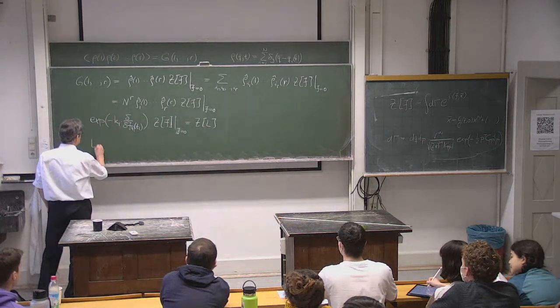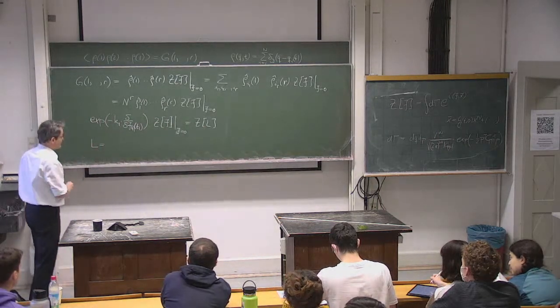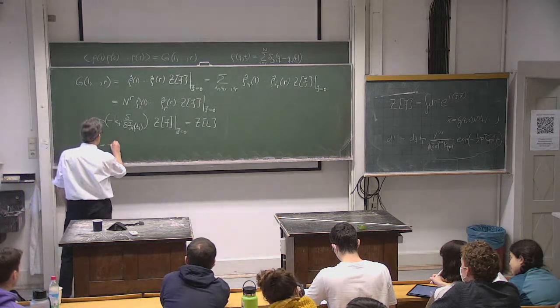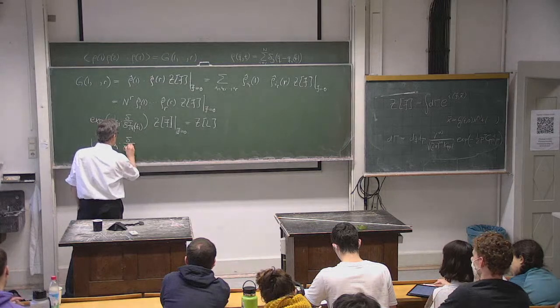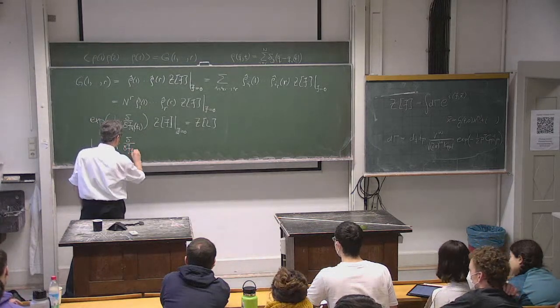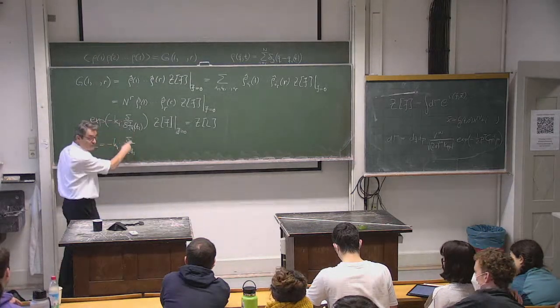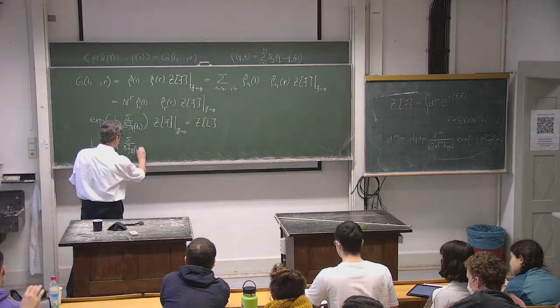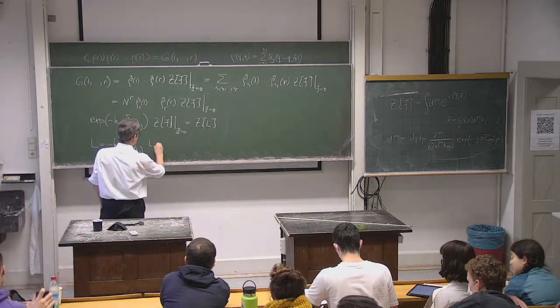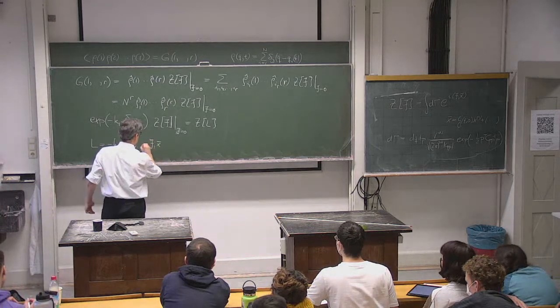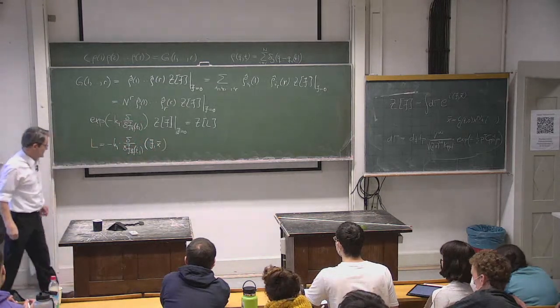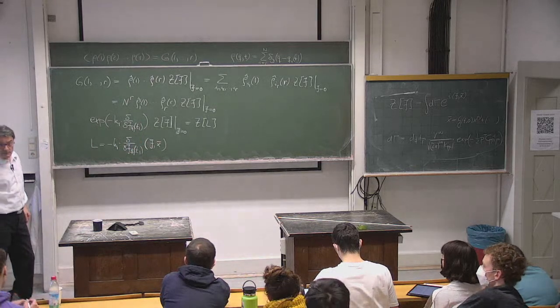So the L is going to be minus k1 times delta taken with respect to, let me just copy this here, q1 of t1, applied to the scalar product here, right?